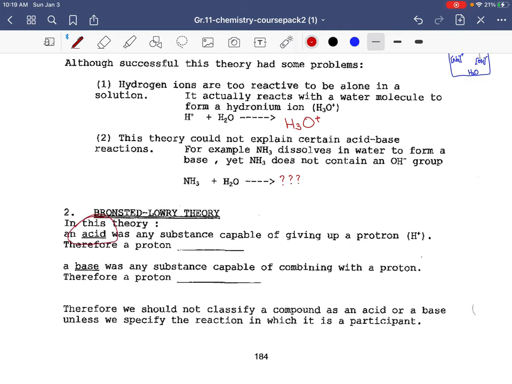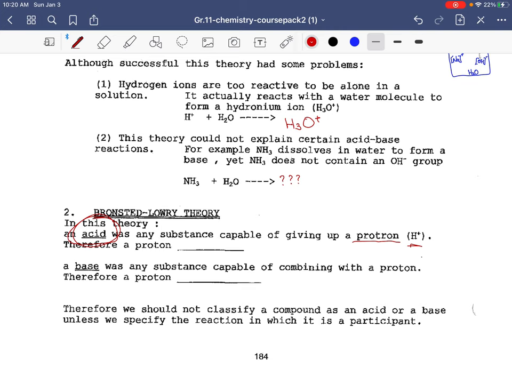An acid, by definition, is something that has the ability to give up a hydrogen ion, which he calls a proton. Now, the reason why it's called a proton is because H plus only has one proton, no neutrons, no electrons. So, hey, if you only have one proton, let me just call you a proton.